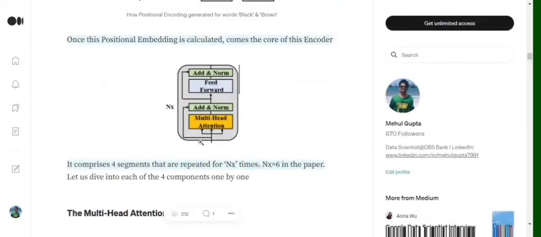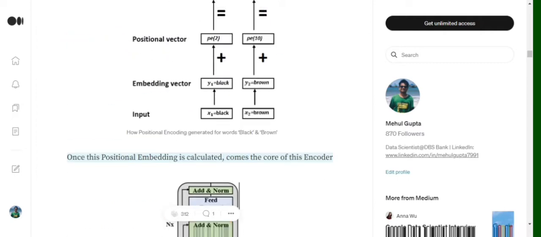For the first time, the positional encoding goes as input to multi-head attention. The next time, the output of this add norm layer goes to the input of the multi-head attention of the second block, and similarly the add and norm output of the second block goes to the input of the multi-head attention of the third block.